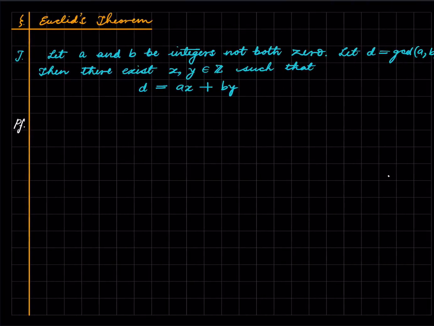Okay, and here is the main theorem that we want to discuss. Suppose we have two integers a and b, again not both 0, and d is their greatest common divisor. Then the theorem says that you can find integers x and y such that d can be written in this fashion. So in words it says that the greatest common divisor of two integers can be written as an integer linear combination of the two integers, if that makes sense.